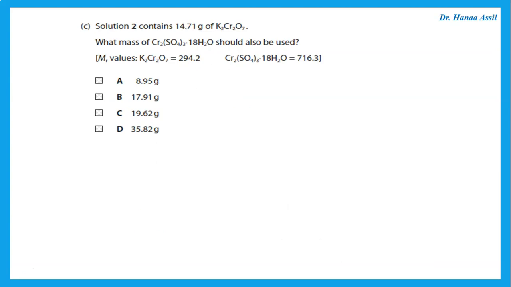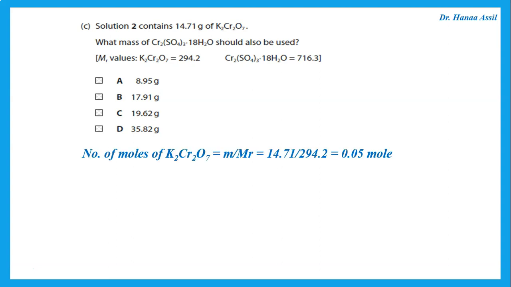Solution 2 contains 14.71 grams of dichromate. Again, I'm going to remind you that if we have 14.71 grams of potassium dichromate, I can get the number of moles, mass over molecular mass. But then we want what? We want the chromate ions.